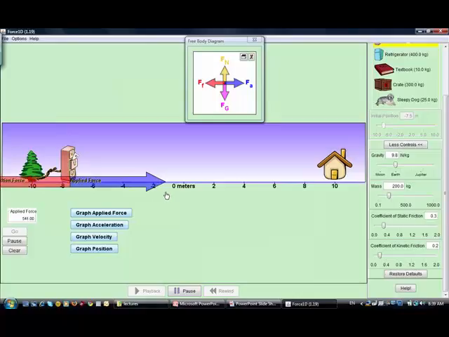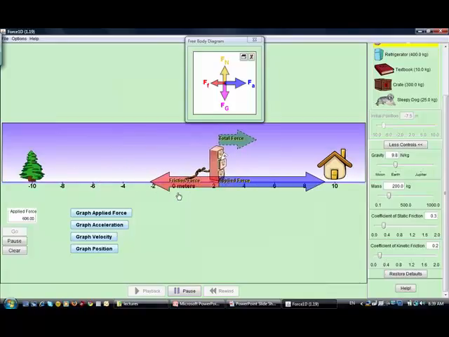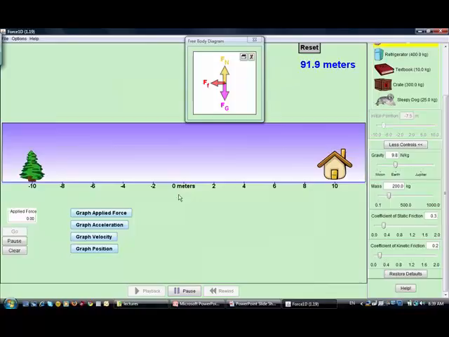Now I keep on increasing, and look here. What happened is, suddenly my applied force became larger than the friction force, and we have acceleration, and the object started speeding up. Okay, now I'm going to pause.